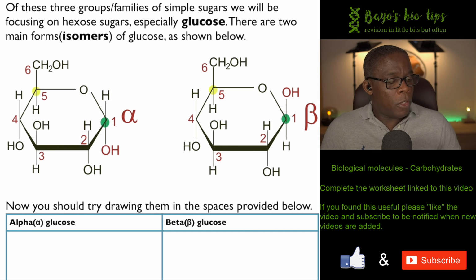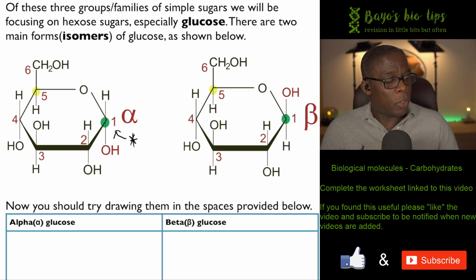So you've probably noticed that at carbon number 1, which I've just shown with an asterisk, in alpha glucose, the hydrogen atom is on top and the hydroxyl group is on the bottom.